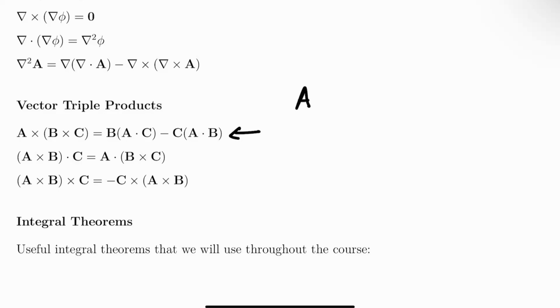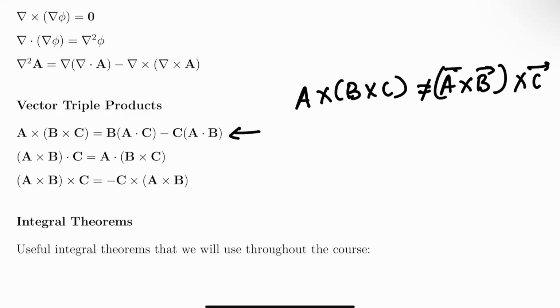What I mean by that is A cross (B cross C) is actually not equal to (A cross B) cross C. It's not associative. So you have to first calculate this and then cross with this, right?